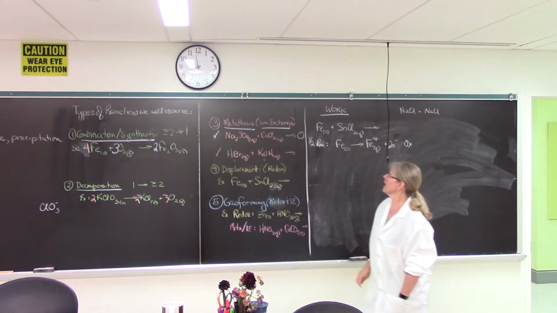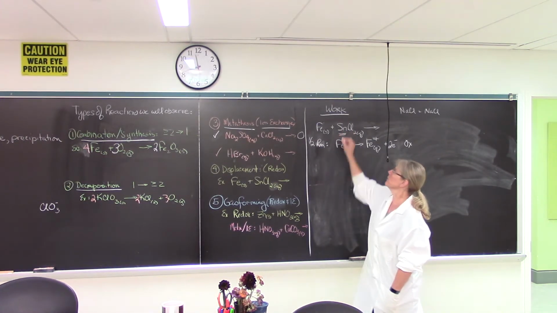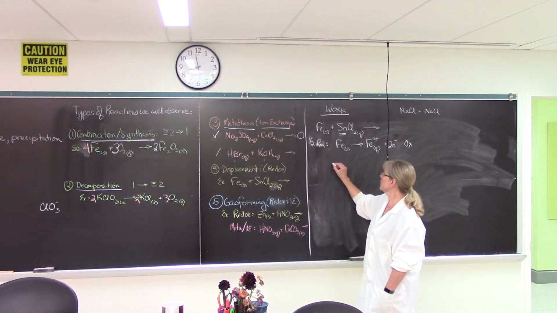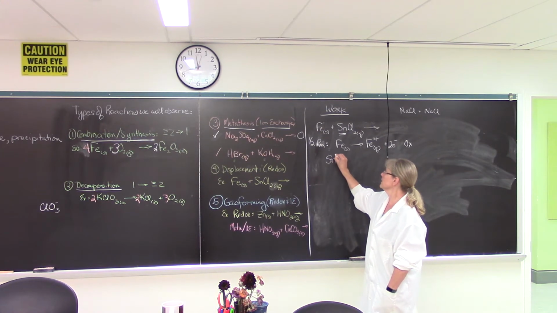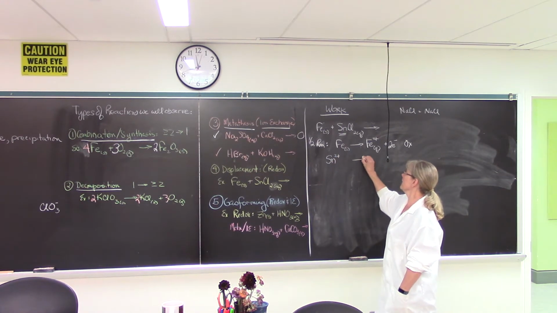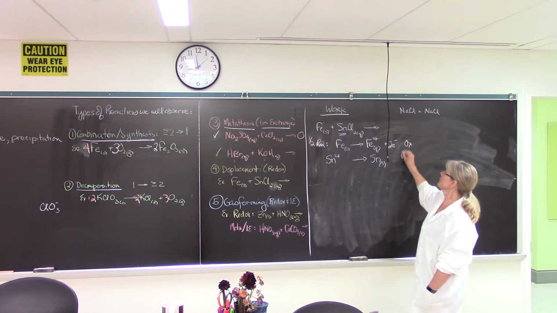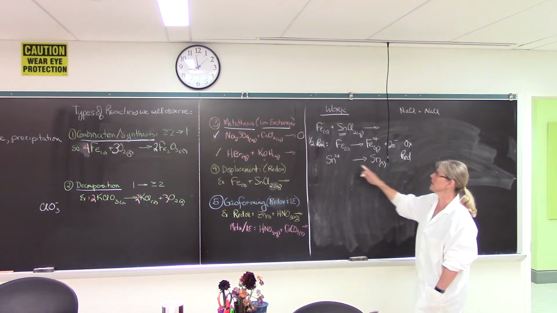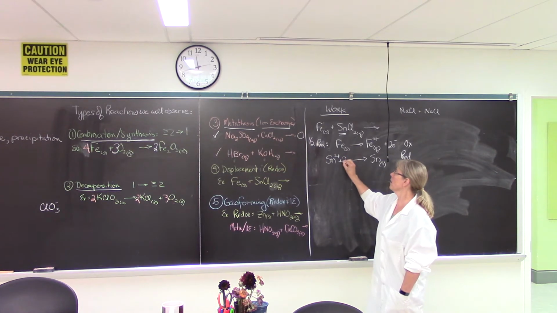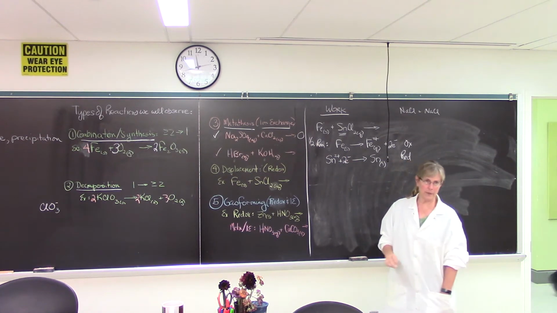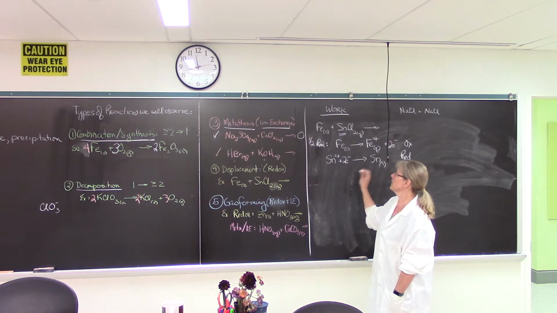My reduction half reaction then is going to be working with the cation. So I have Sn 2 plus, and that's going to become tin solid. And this is going to be my reduction, which means my electrons are going to be taken in by the tin 2 plus to become tin solid.